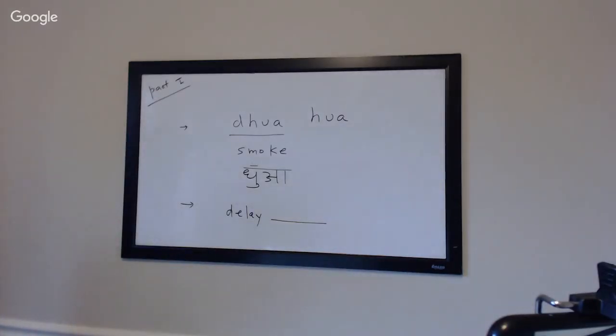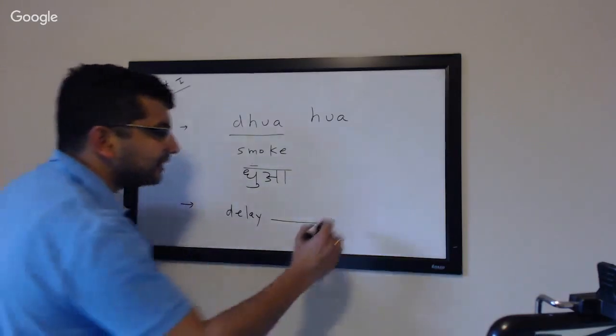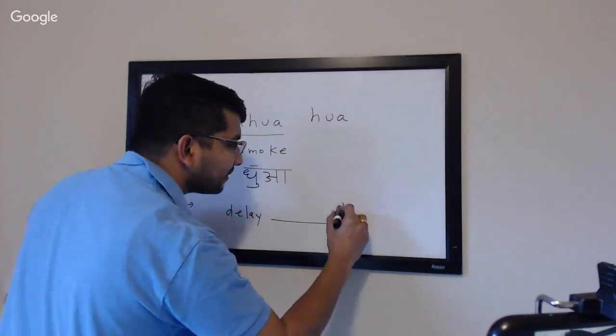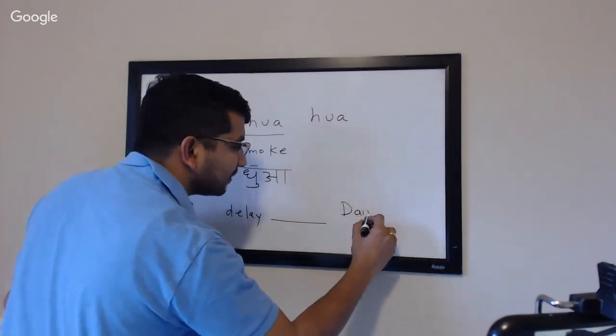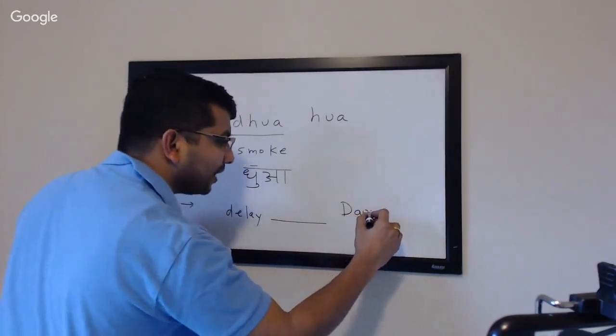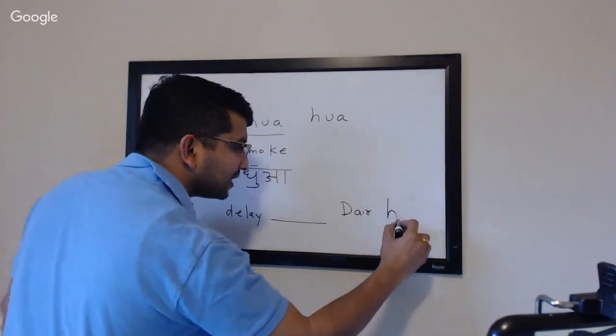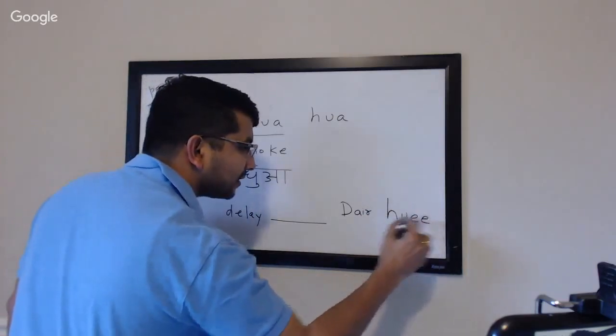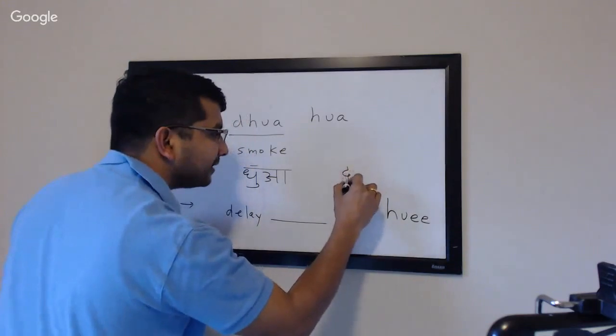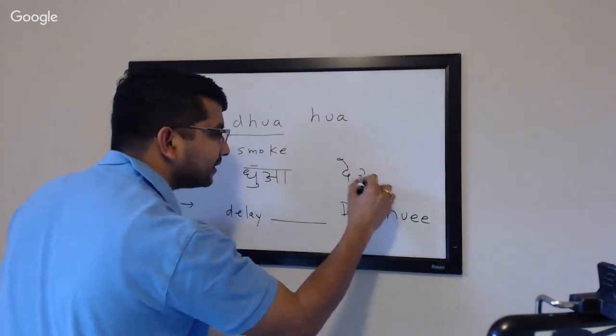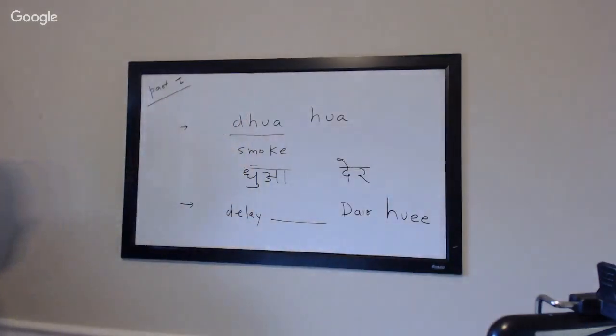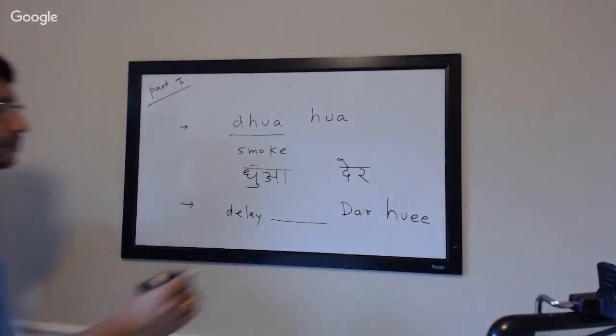Give it a try. Okay, so I'll answer that. Delay is nothing but der. You can say der hona, but in the past form you will say der hui, and you write it in Devanagari as देर, and you will say देर हुई.